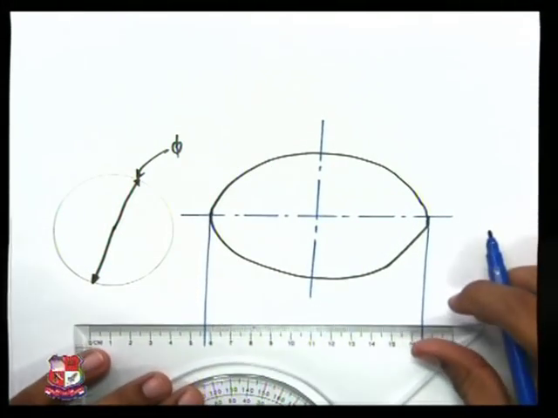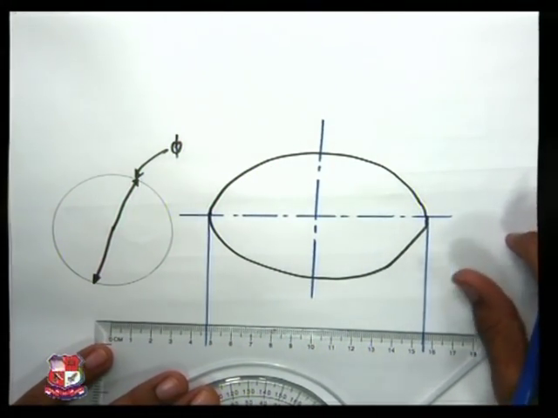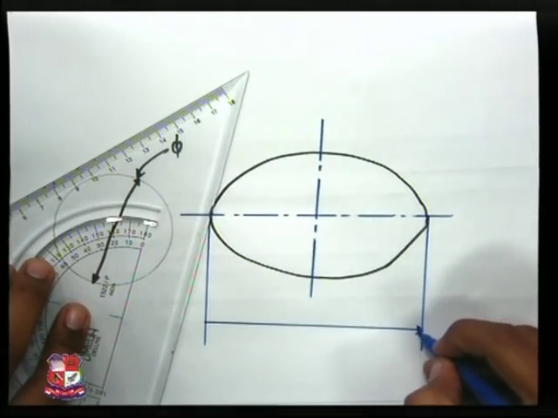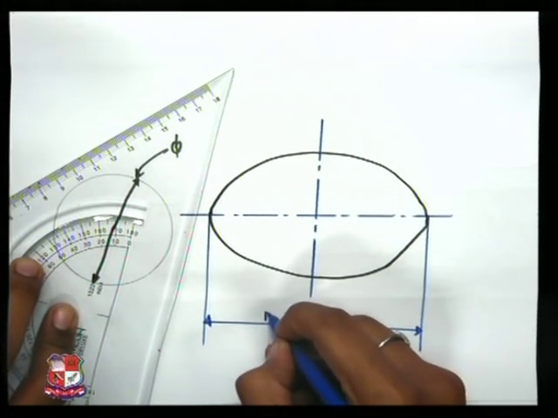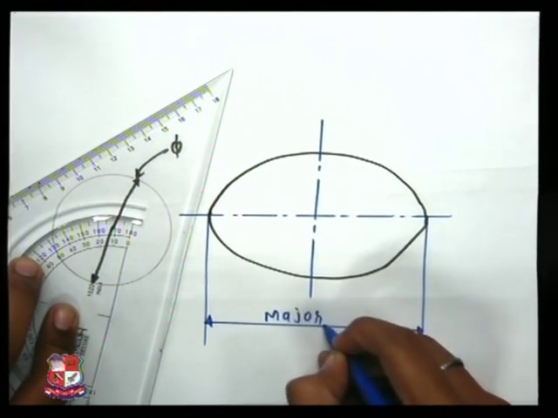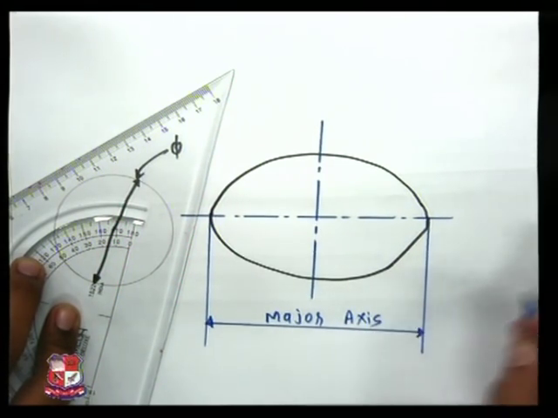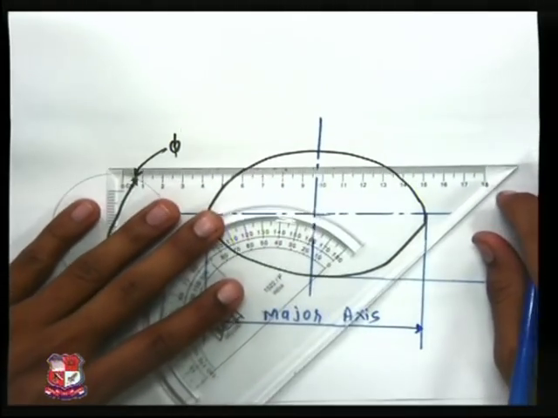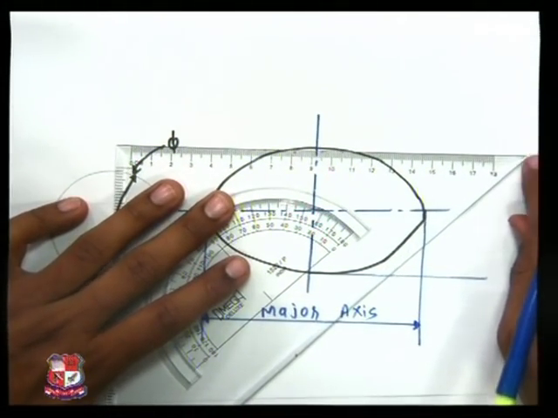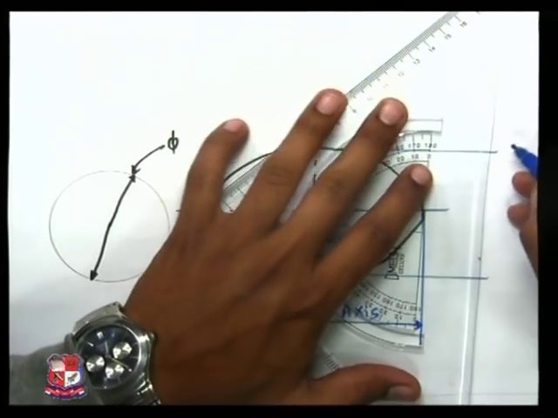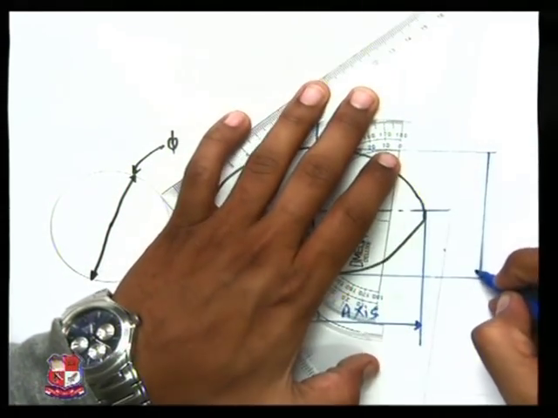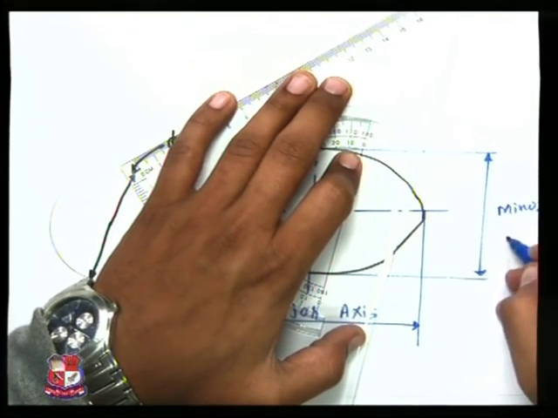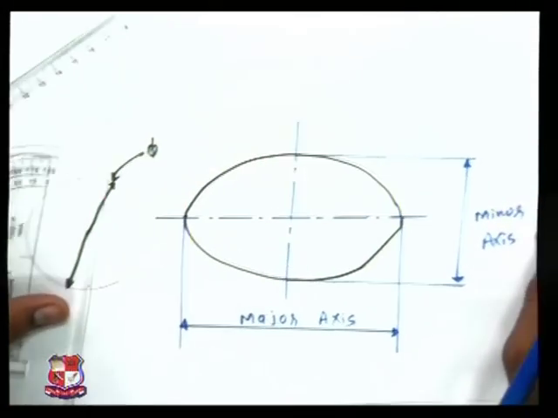The bigger diameter can be called major axis and the smaller diameter can be called minor axis.